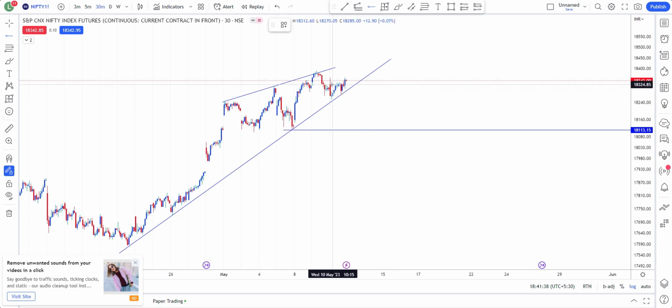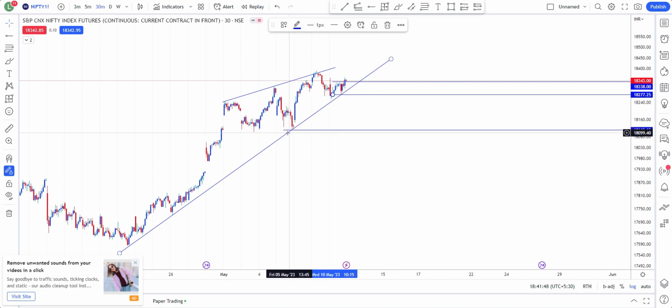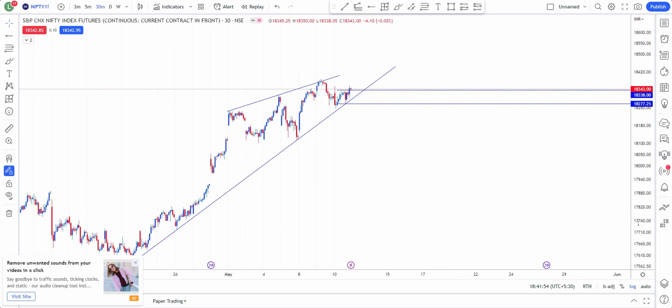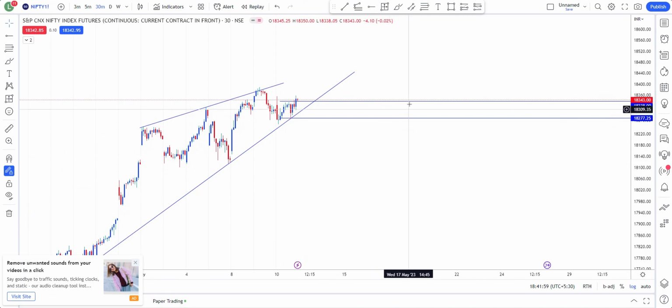In my view, this point, which is 18,335 to 338, is a good point to open a long position, keeping the stop loss around 18,275 on futures. If you open a long position here, it will be a very good risk reward.